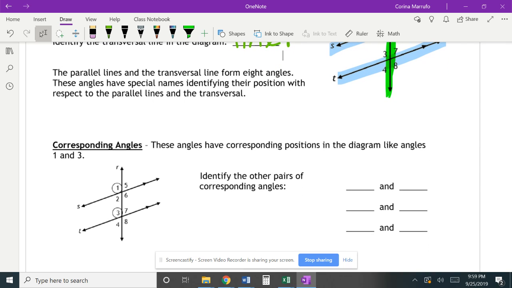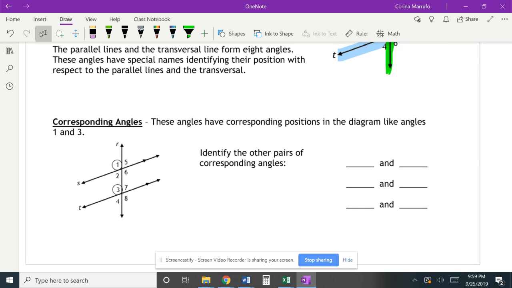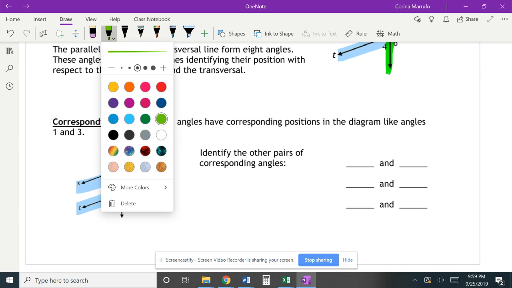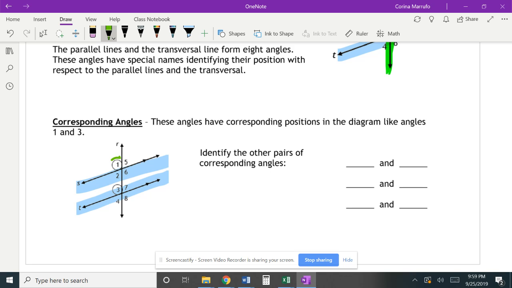So these angles have corresponding positions in the diagram, like the angles 1 and 3. So if we look, we have our two parallel lines, which are S and T. So here's S, here's T. And so angle 1 has the exact same position as angle 3.